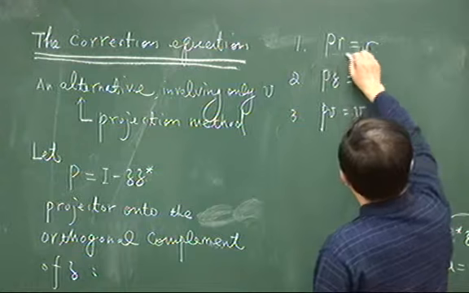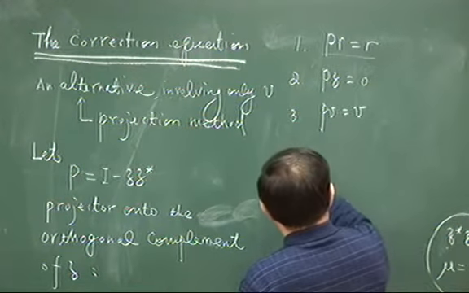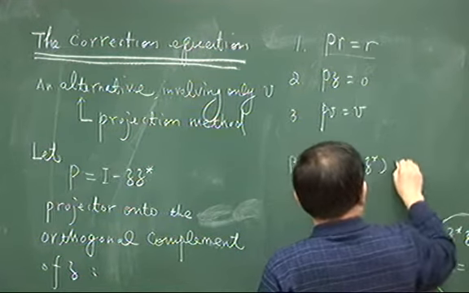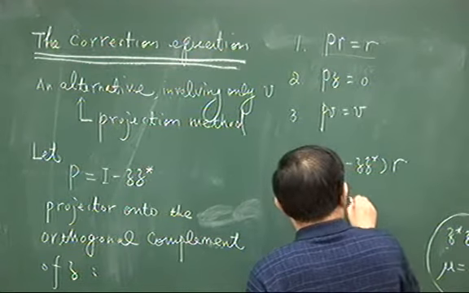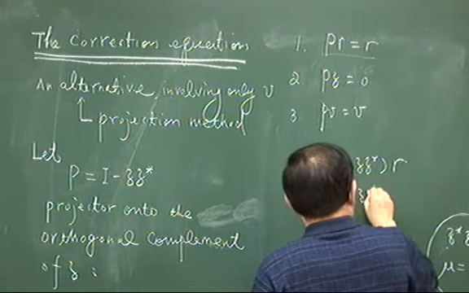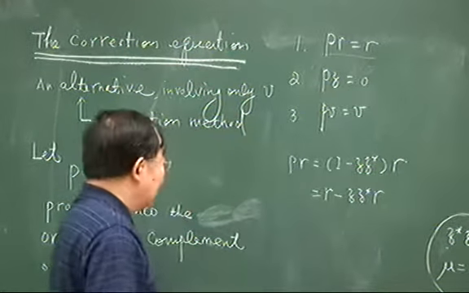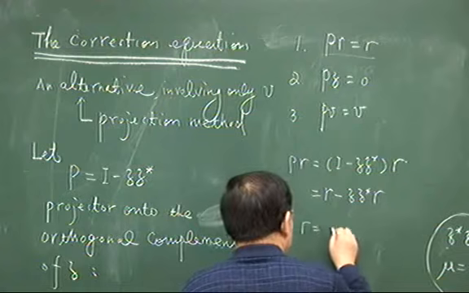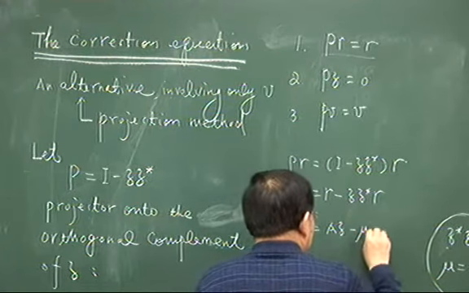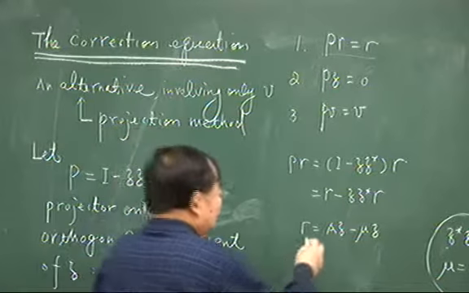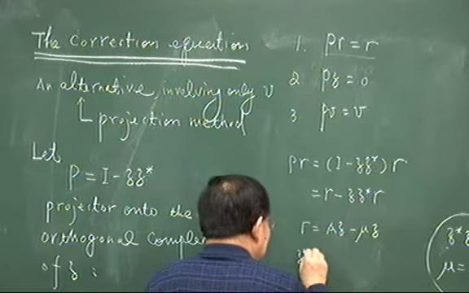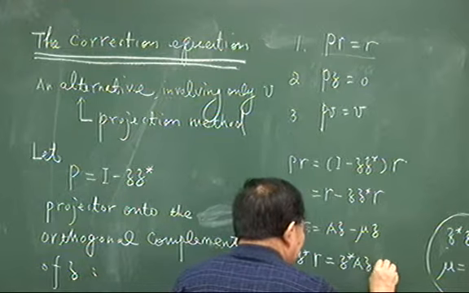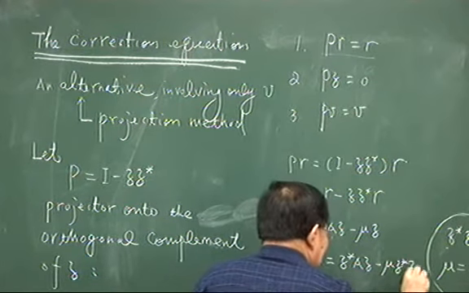For example, PR is equal to (I minus z z*) R, which is R minus z z* R. Here R is equal to Az minus μz, so z* R is just z* A z minus μ z* z.